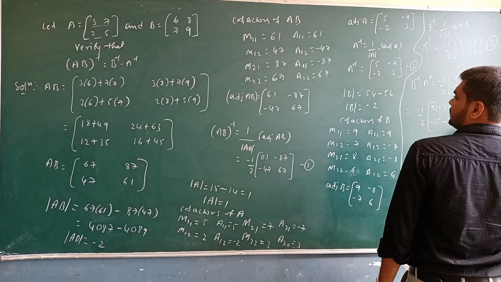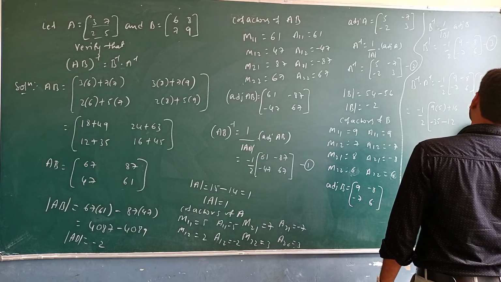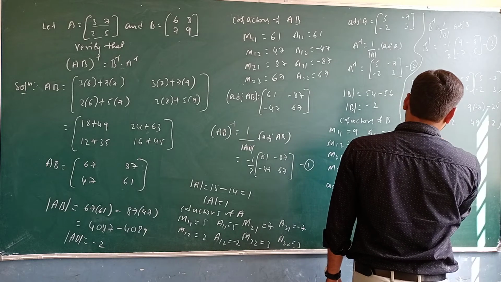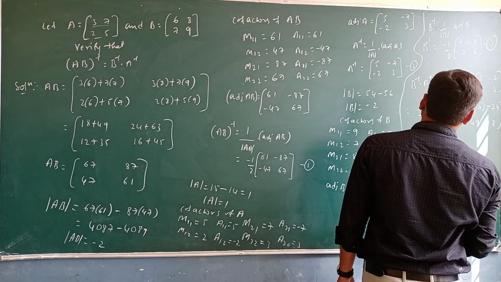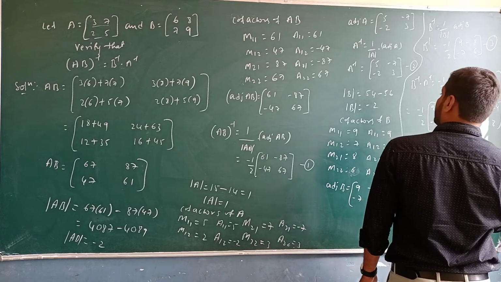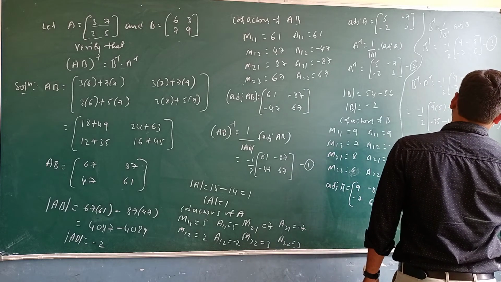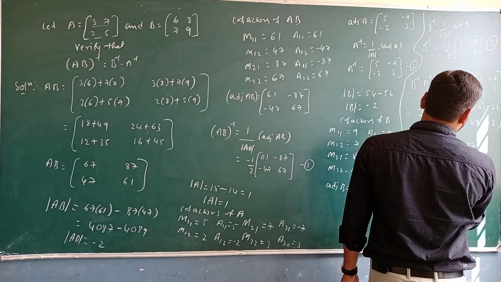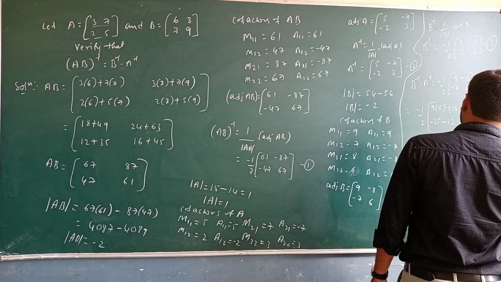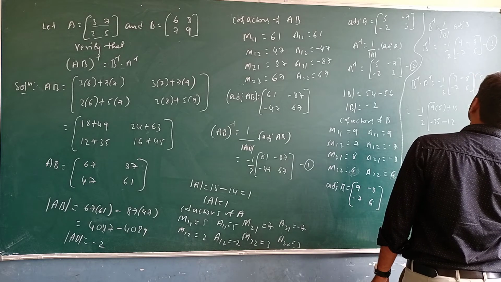So here 49 plus 18. Okay, so here minus 1 divided by 2, 45 plus 16, that's going to be 61. So minus 80. So here minus 47. So here 67. Okay, so this is going to be equation number 4.